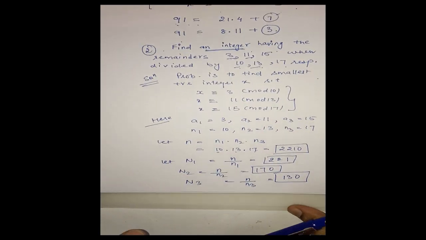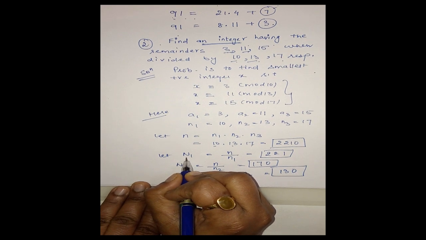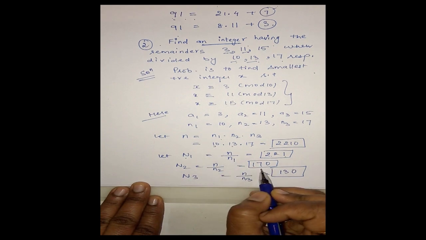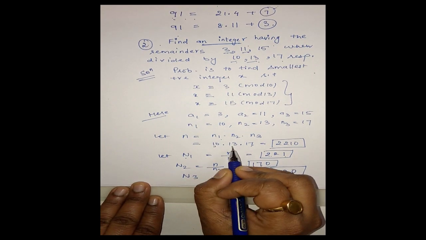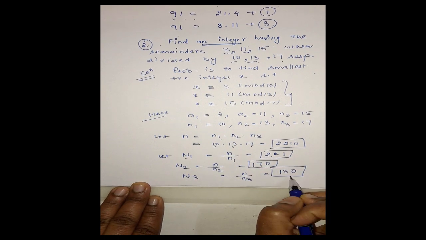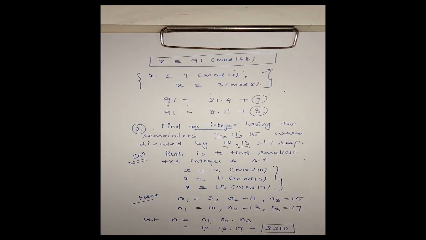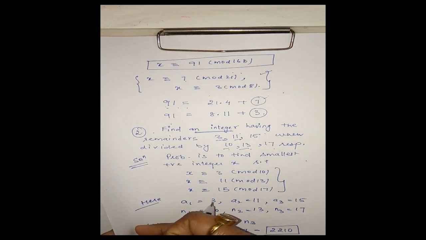And we also note that GCD of N1 and small n1, 221 and 10 is 1. 170 and 13 is also 1. And GCD of 130 and 17 is 1. Okay. Now we will solve the congruences.